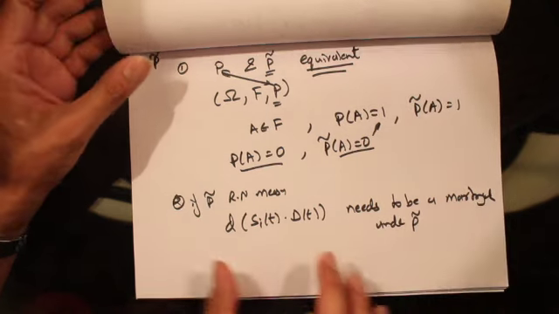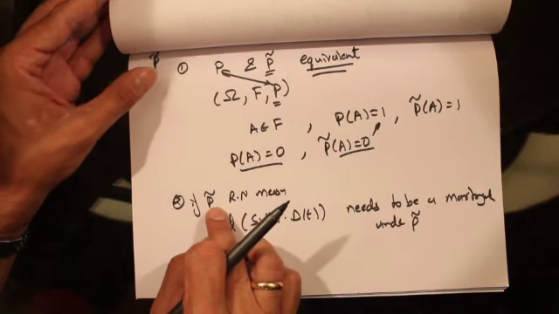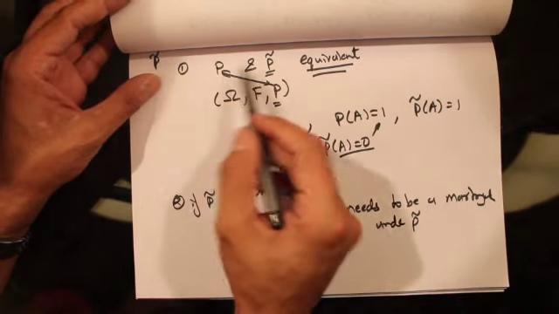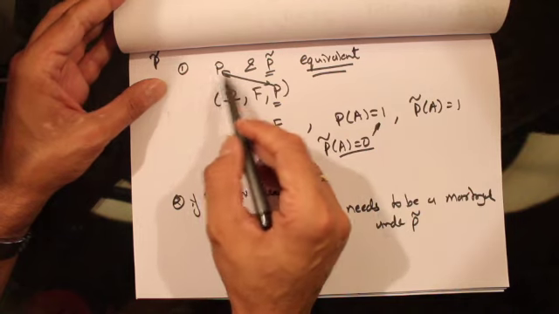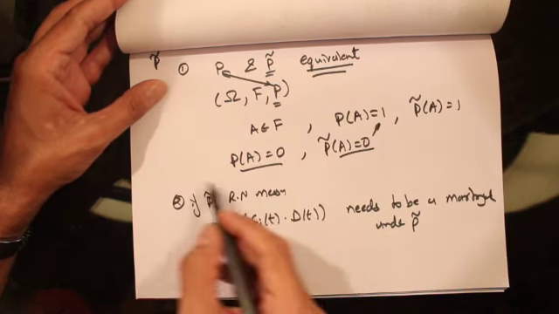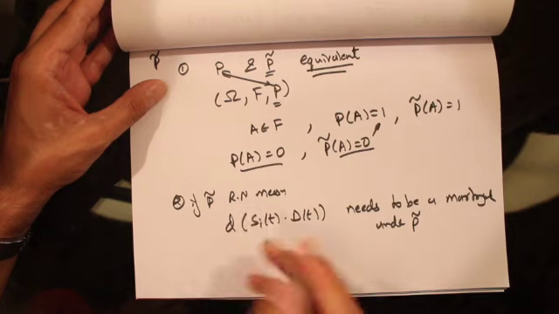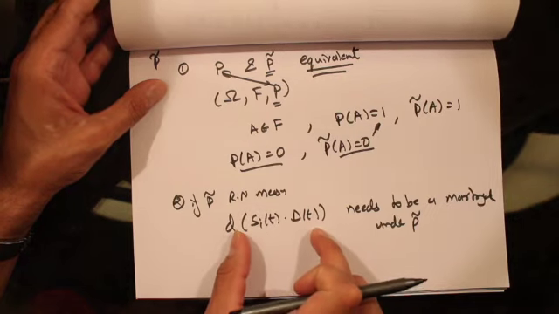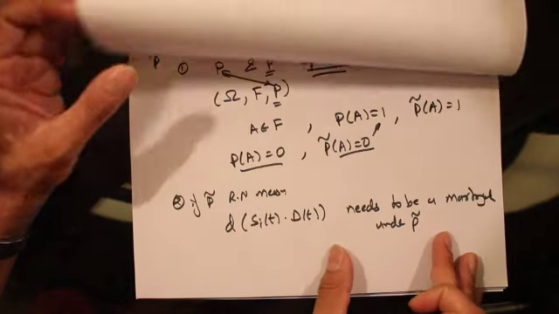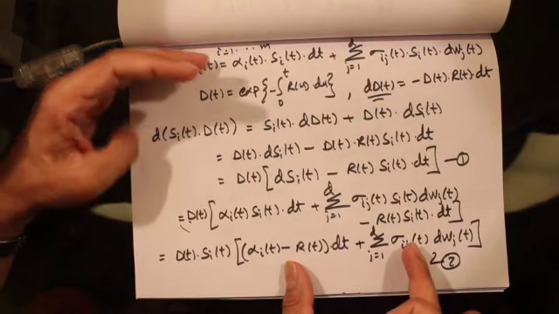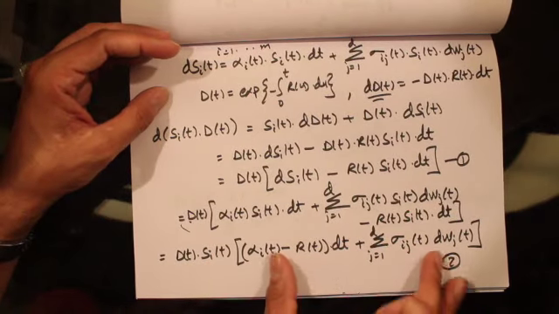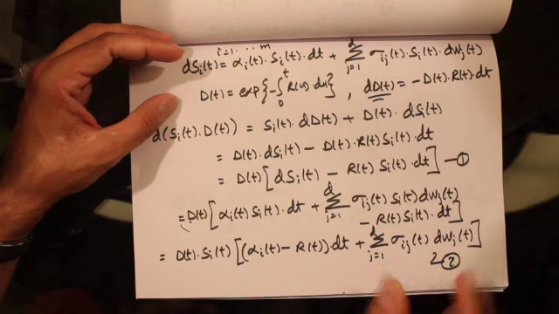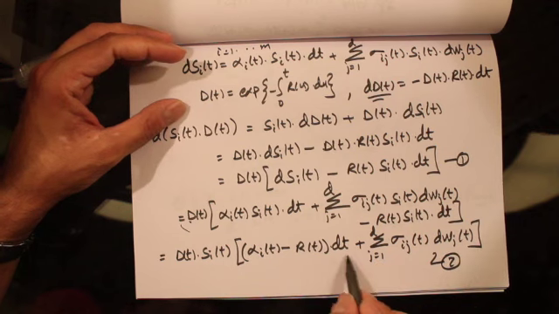Okay? So for P tilde to be a risk neutral measure, it needs to be equivalent to our actual probability measure, and under this probability measure P tilde, the discounted stock process needs to be a martingale. So if you look at the discounted stock process under the actual probability measure, it's not really a martingale because we have a dt term here.